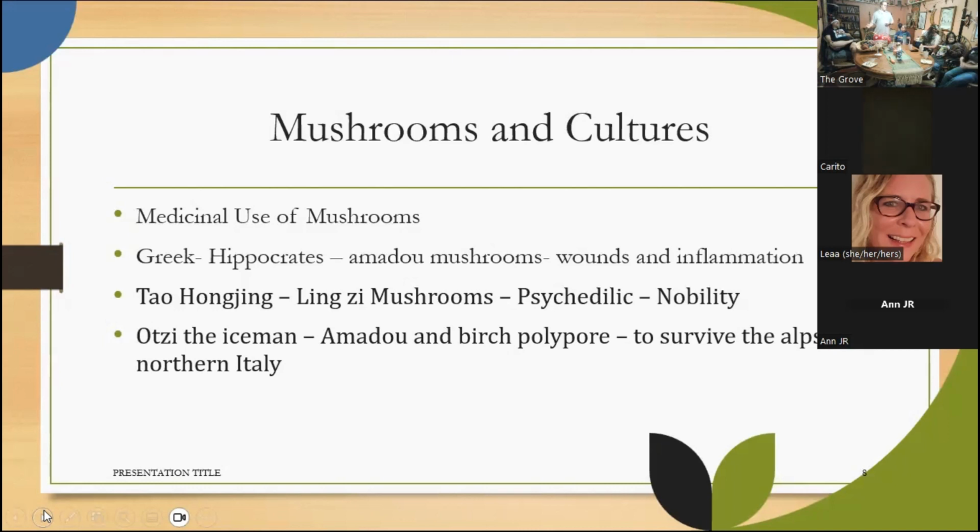And across the ages, which was discussed in the first class as well, the psychedelic mushrooms were used a lot from the ancient ages till current, for spiritual use or to see things that you would not normally see.